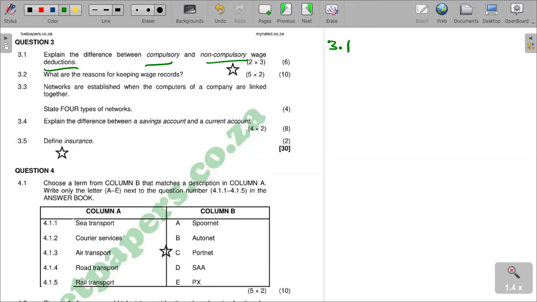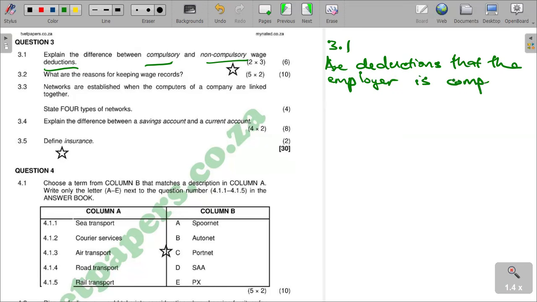Compulsory deductions are those deductions that the employer is compelled by law to deduct from a person's wage or salary.